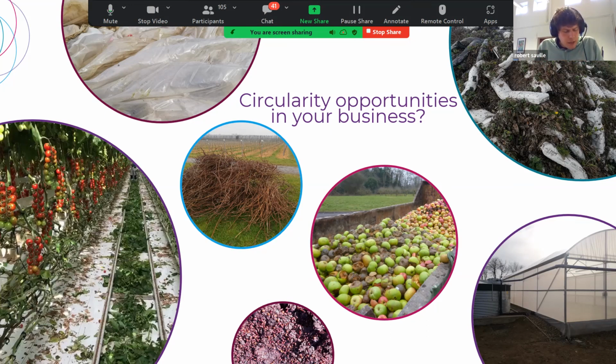Because going forward, Growing Kent Medway are looking to support any circularity opportunities that may be present in your business or industry, and we want to support your business to deliver those and help you collaborate with others in the industry. So please get in touch if you have any ideas. As I say, there'll be opportunities upcoming to help you develop them.